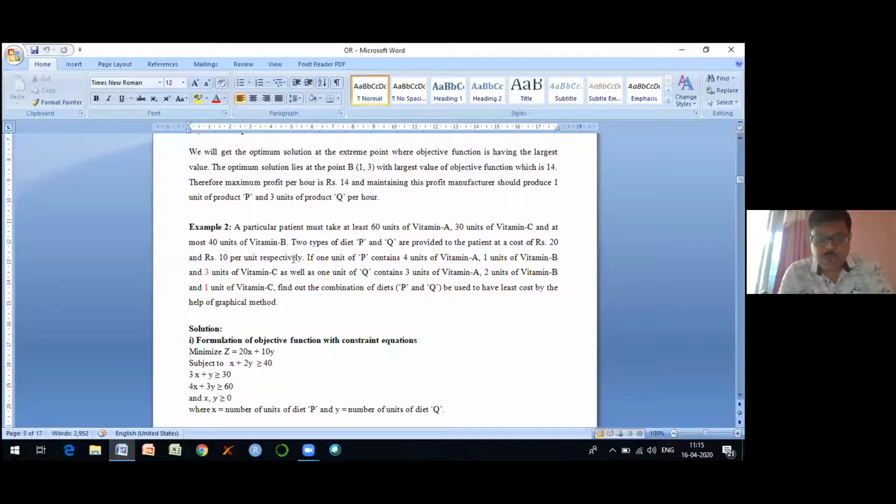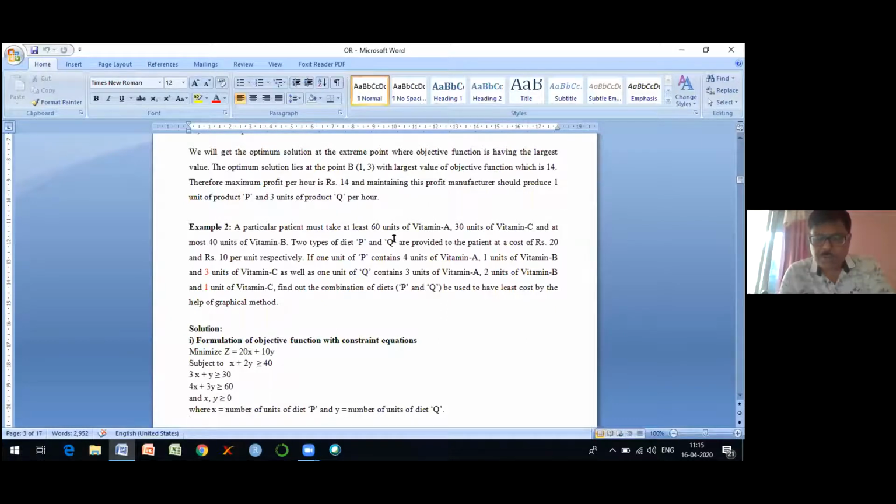So for 1 unit of P product the cost is 20, and for 1 unit of Q product the cost is 10.